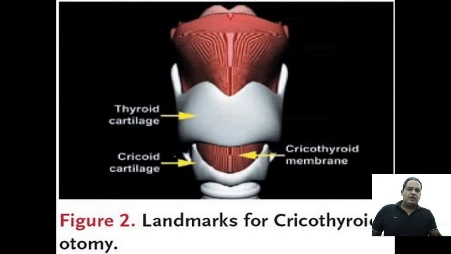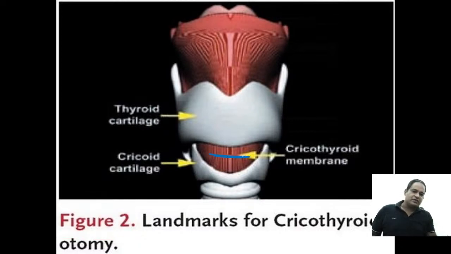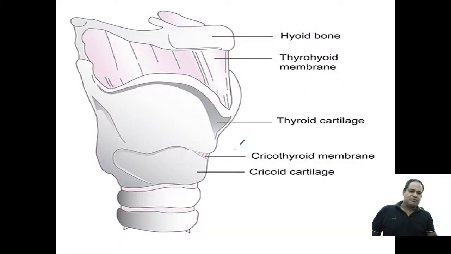Surgical cricothyrotomy. We give an incision like this. We cut the cricothyroid membrane. This is an emergency procedure. See, this membrane we are supposed to cut, the cricothyroid membrane.